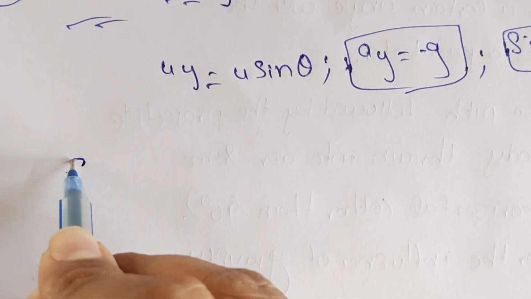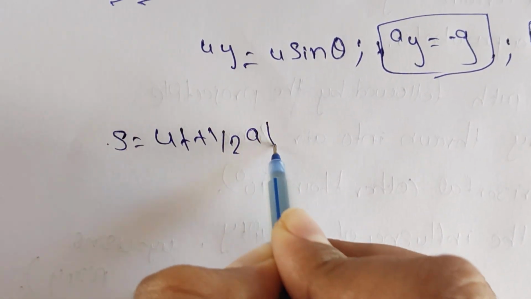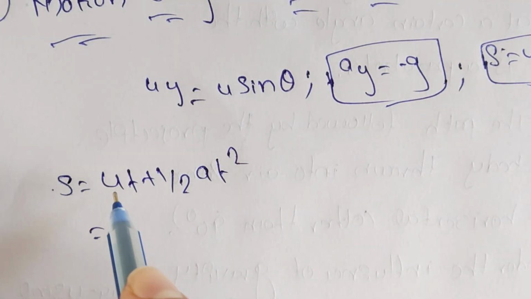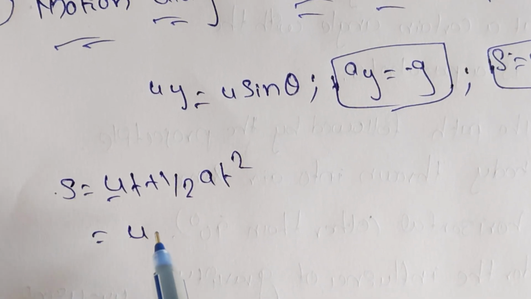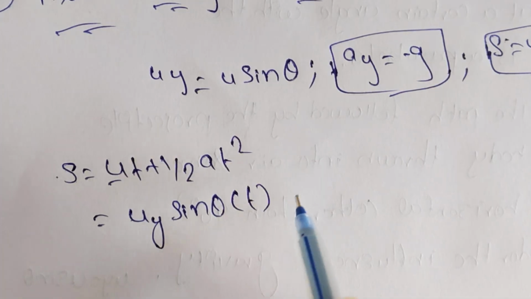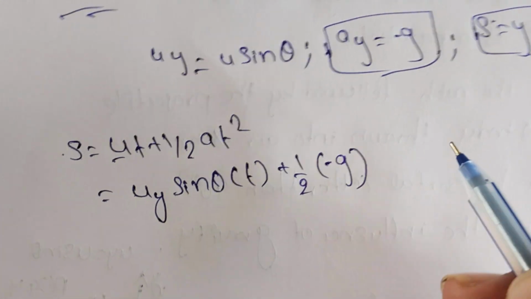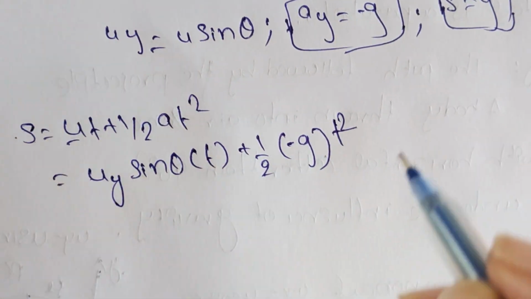What is the formula of motion? s equal to ut plus half at square. What is the value of u here? uy equal to u sin theta, into t plus half into, what is the value of a here? Minus g t square.